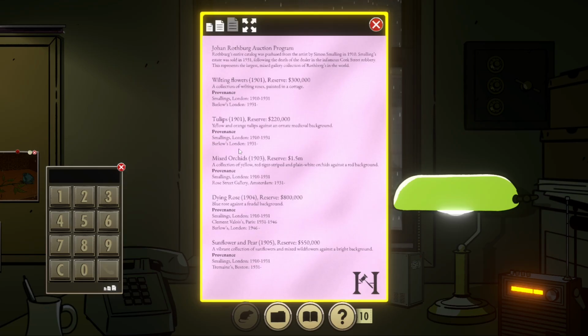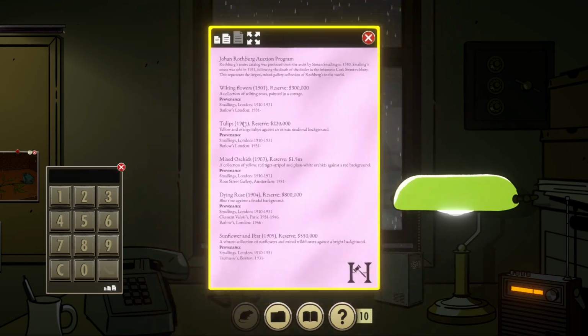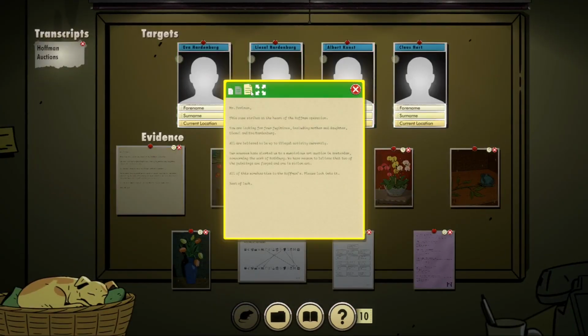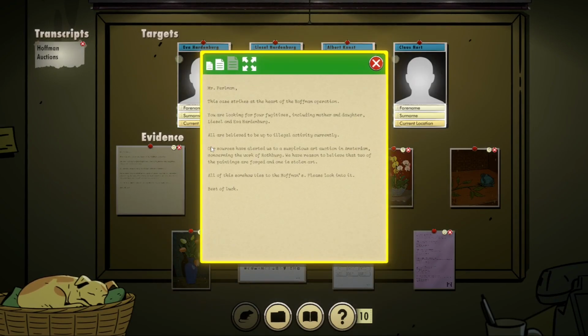Barlow's London. These two are different. Amsterdam. Two of the paintings are forged and one is stolen art.